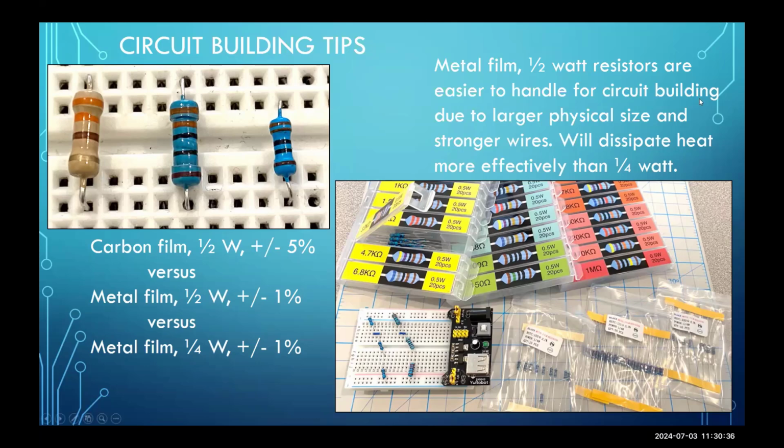Now, if you take a look at the illustration on the right, it's a nice resistor pack that I discovered on Amazon. And what's really nice about this is it shows you really nice examples of the color banding that's appropriate for each of these values.